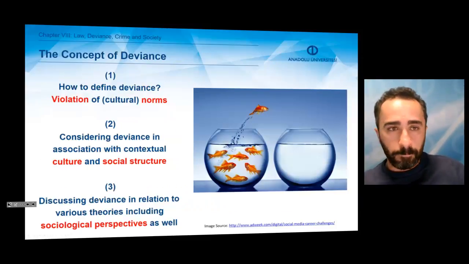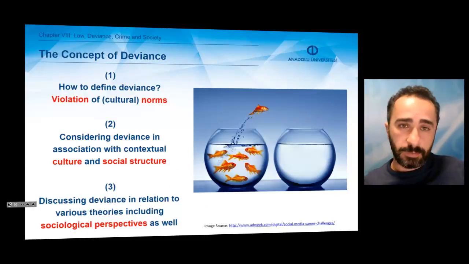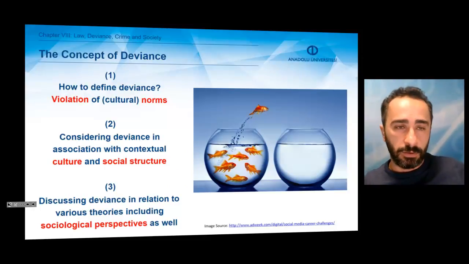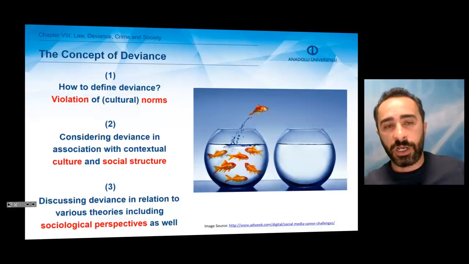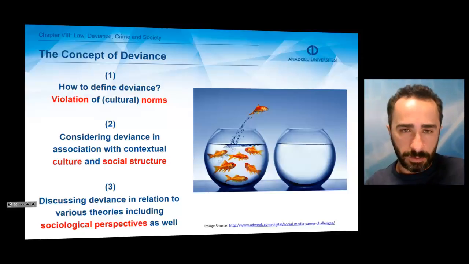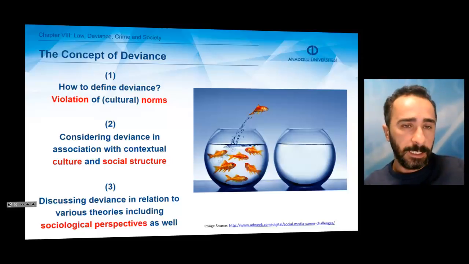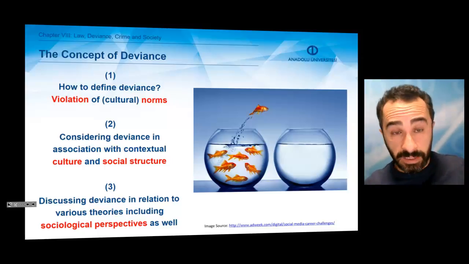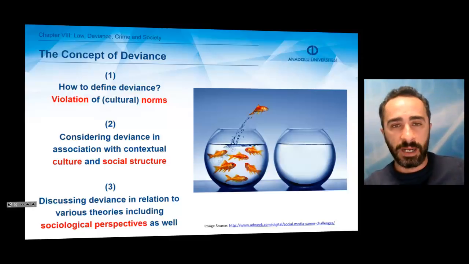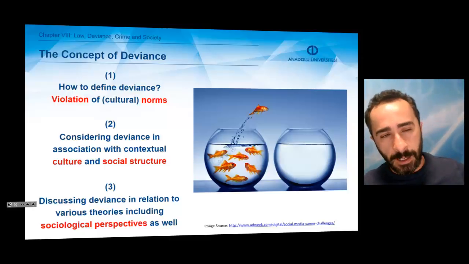In the framework of its third aim, that is explaining the concepts of deviance on sociological basis, chapter 8 emphasized that the violations of visible norms and the cultural norms can be defined as deviance in quite a number of societies.